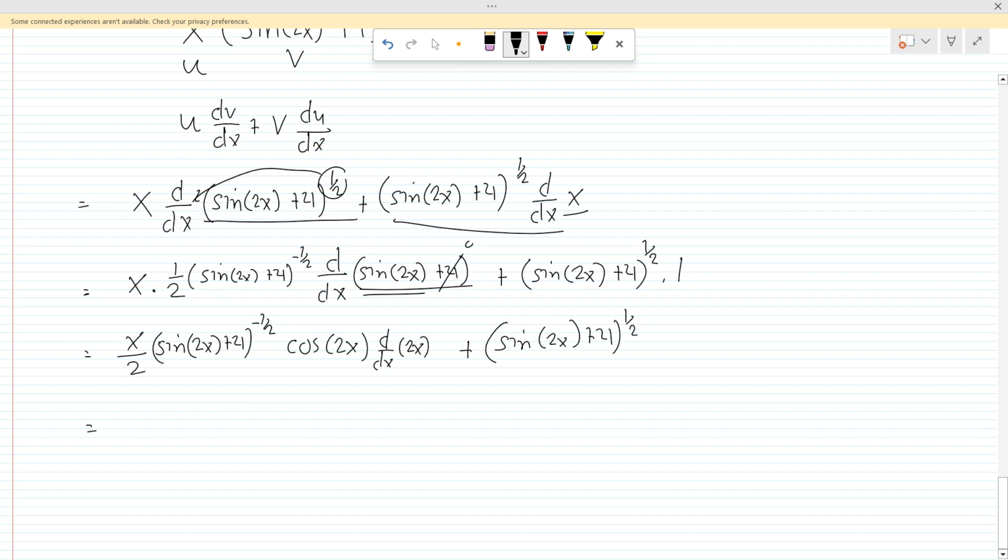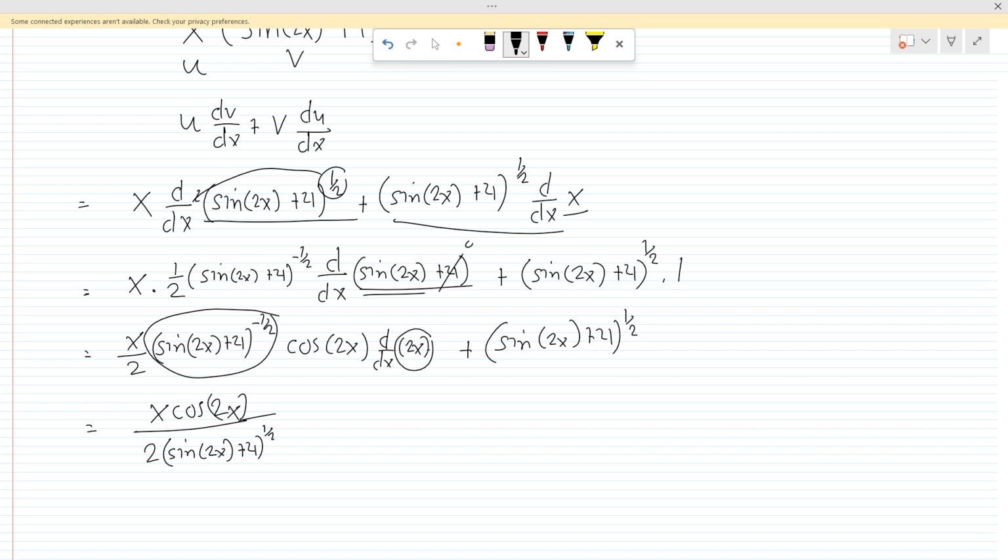Okay, so sir, from this one, I'm going to apply the negative exponent to avoid po yung ating negative exponent, of course. So we have here x, cosine of 2x over 2. So we have here sine of 2x plus 4 raised to 1/2. And what is the derivative of 2x? That would be 2. Okay, so multiplied by 2. Sir, what are we going to do? Okay?